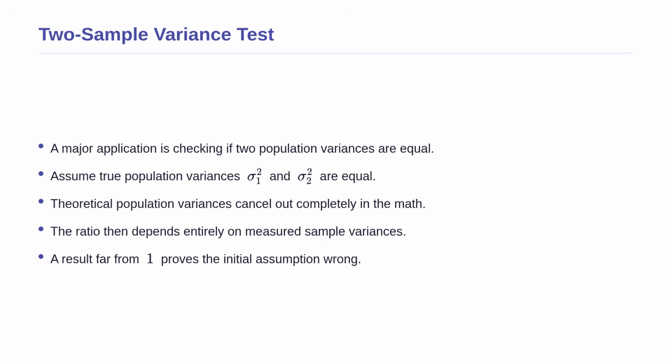The theoretical population variances cancel out completely, leaving us with a ratio that depends entirely on the sample variances we actually measured from our data. If our calculated ratio is very far from 1, it gives us strong evidence that our initial assumption was wrong and the populations are actually different.